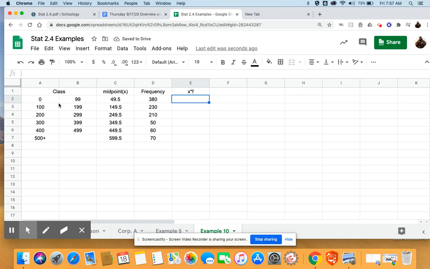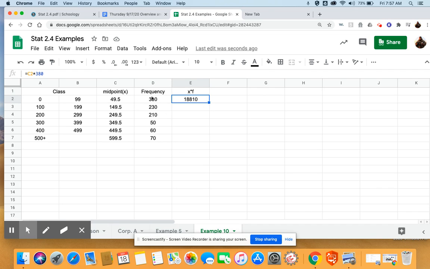We're assuming that every value in 0 to 99 is 49.5, and there are 380 of those. So we've got some pretty big numbers in this example. It's one of the reasons why knowing how to use a technology tool for these calculations is important, because sometimes you're dealing with a large sample size.